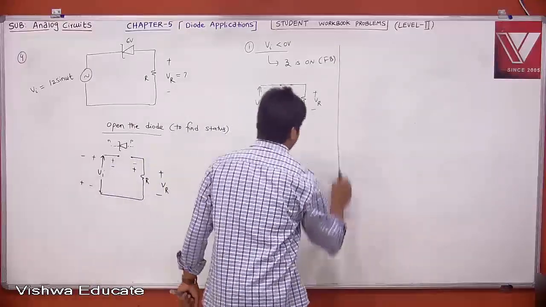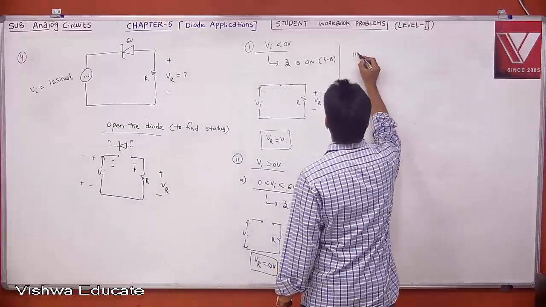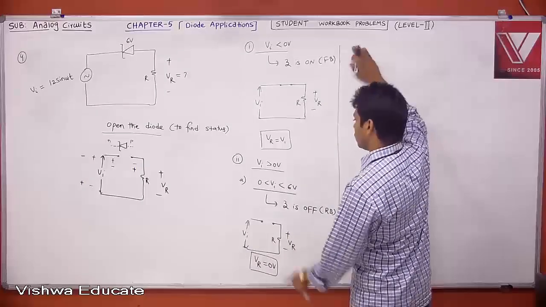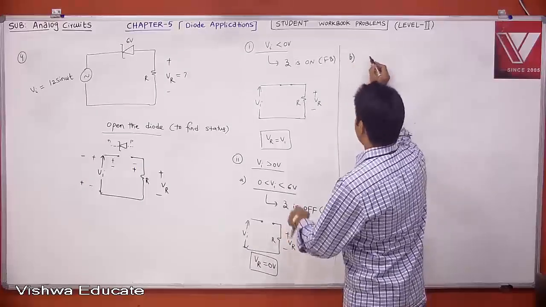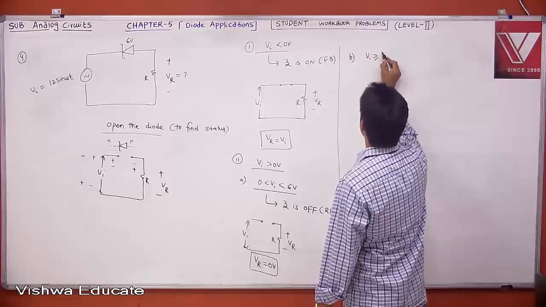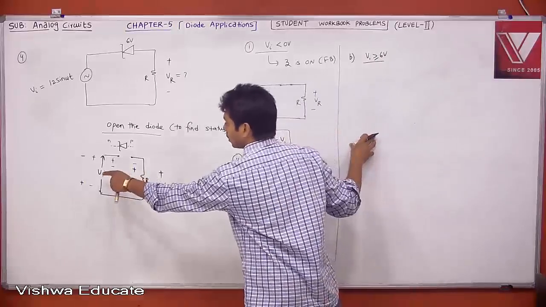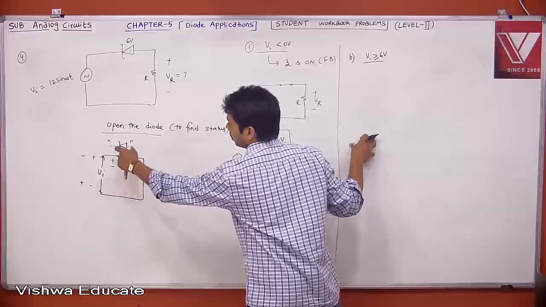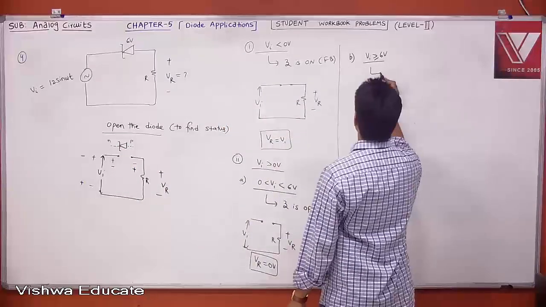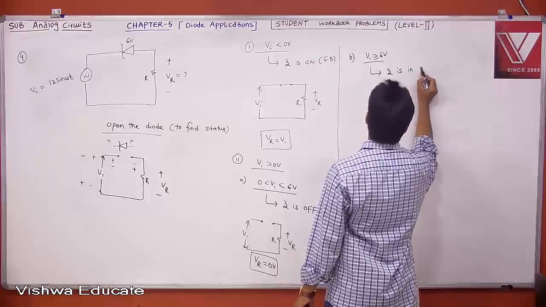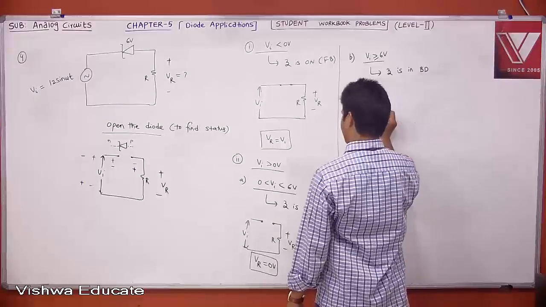Now case B, when VI is greater than or equal to 6 volt, then it will be entering into breakdown. Your Zener diode is in breakdown. Then what is the circuit?